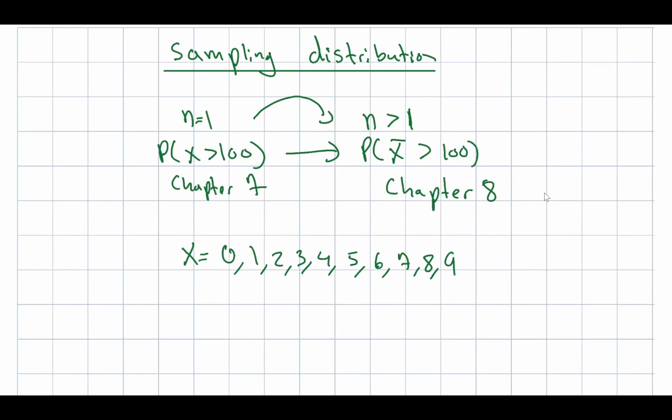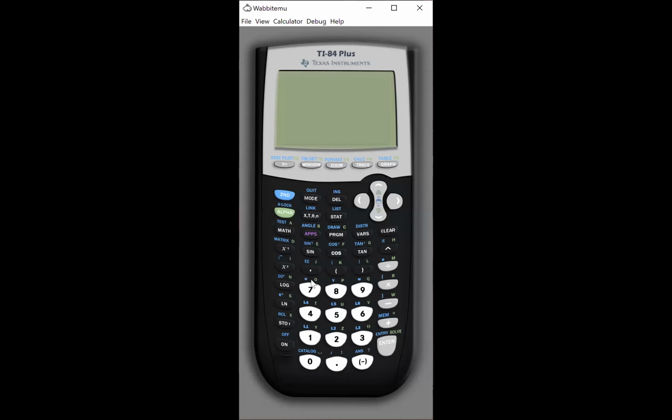We're not actually going to select it ourselves. We're going to let the calculator randomly select this number for us. So I'll show you what to do on your calculator. We're going to randomly select a number from 0 to 9.